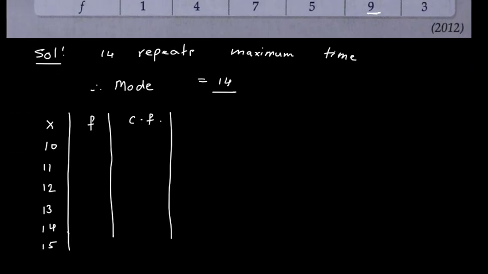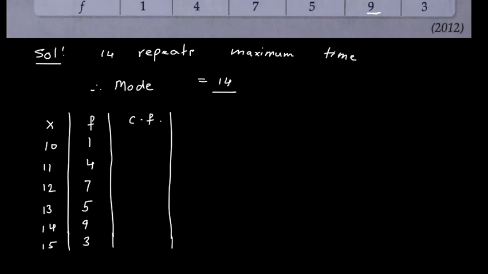Now their frequencies are given as 1, 4, 7, 5, 9 and 3. This is frequency.